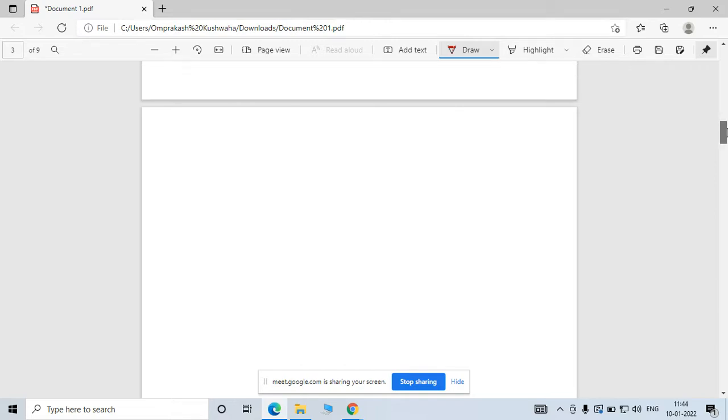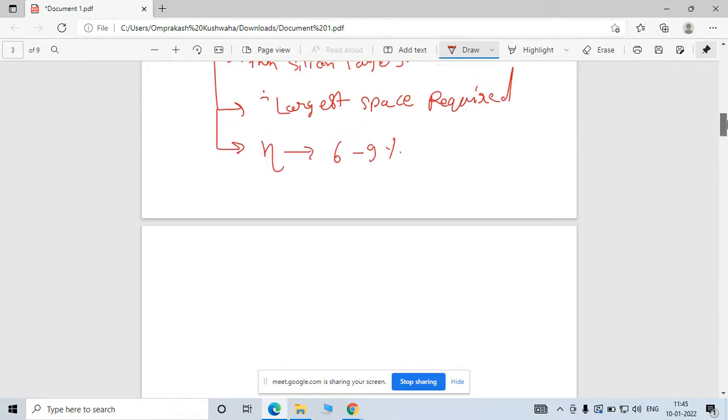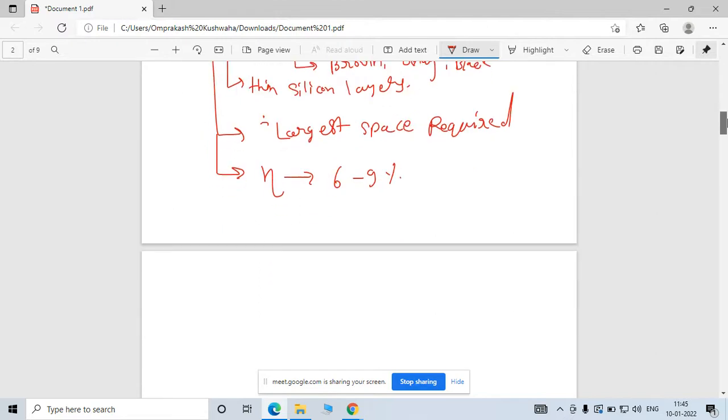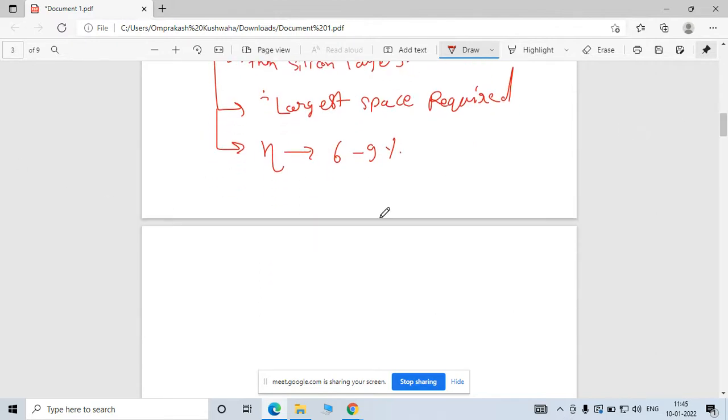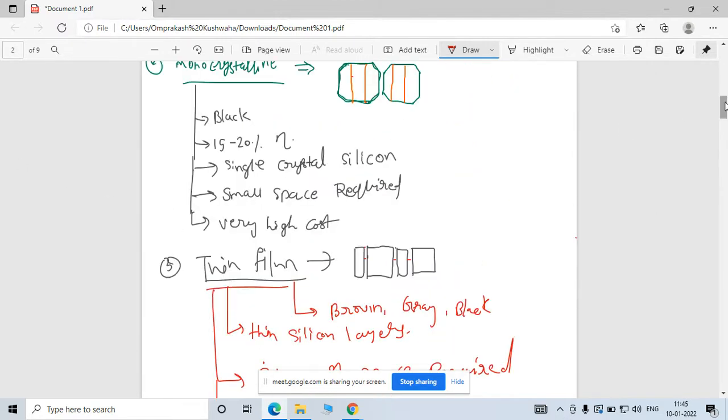Now, some of you may be confused about what is called a PV module, panel, and array. Basically it is a combination of PV cells. Now this is a single cell structure.